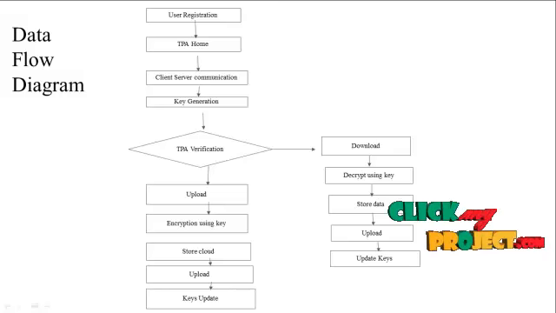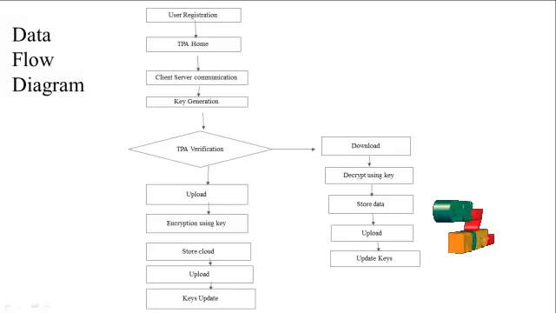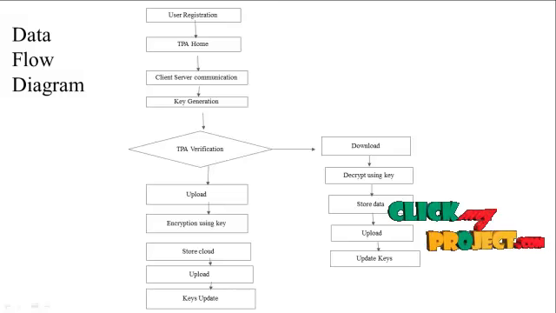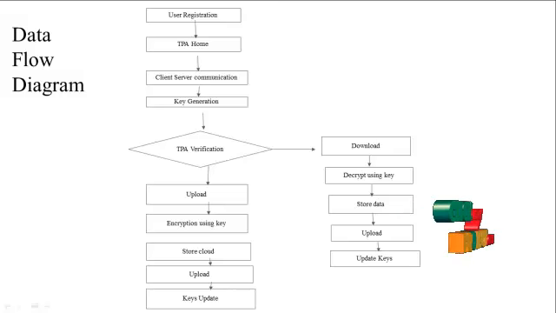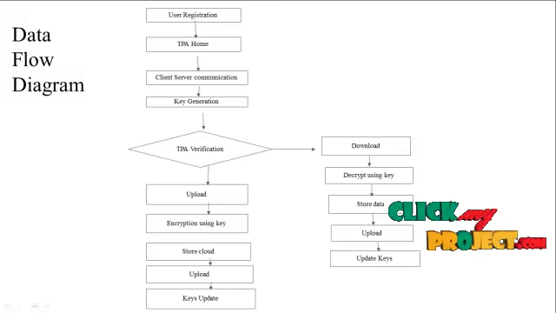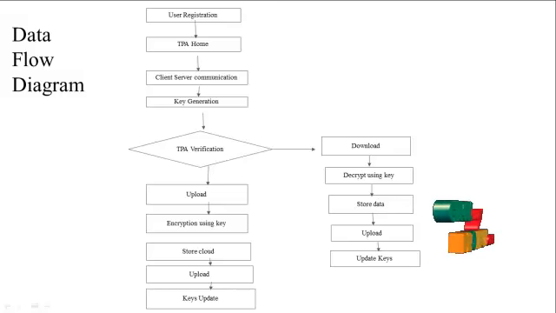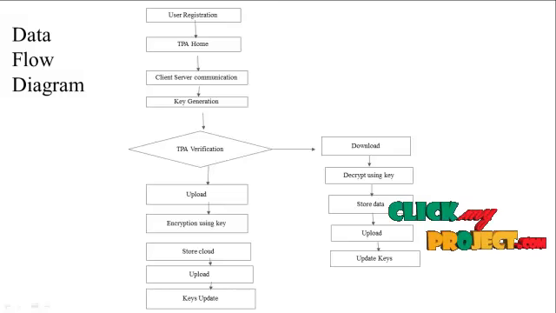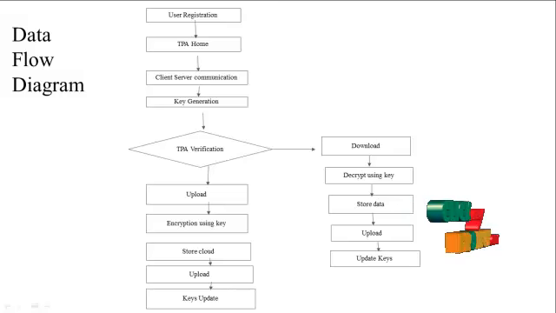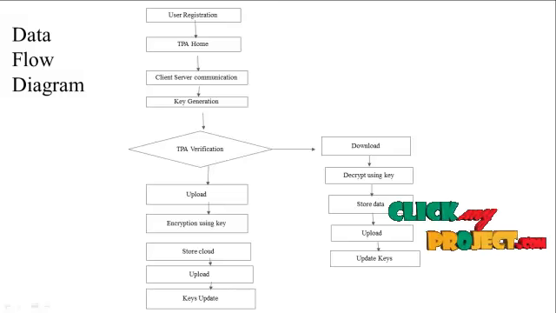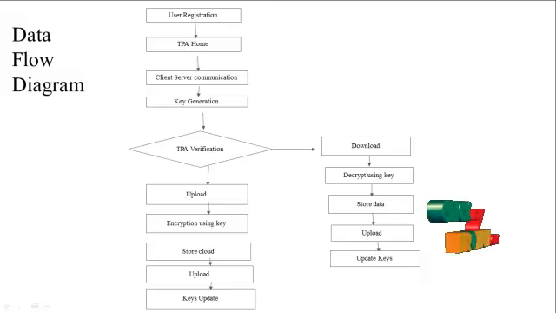Here the client server communication is processed, between the user and the server for data sharing. The client requests some data uploading keys from the server, and the user asks for permissions, so the server responds to the user.